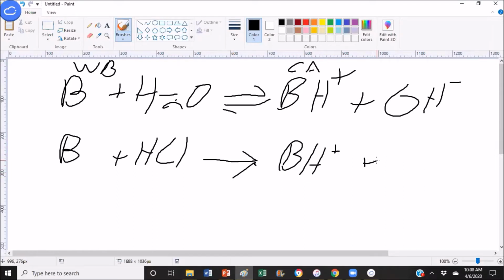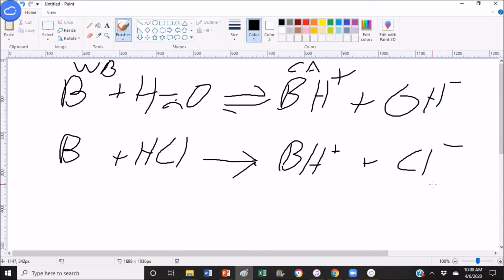We are not having straight up hydroxide in there; we're having salt that's not going to go back at all. As we neutralize the base with the acid, we're going to have some amount of base and some amount of conjugate acid, and so we're going to have a buffering region.